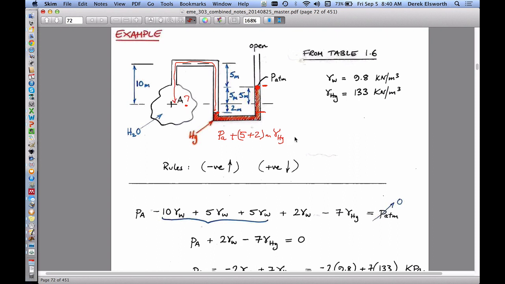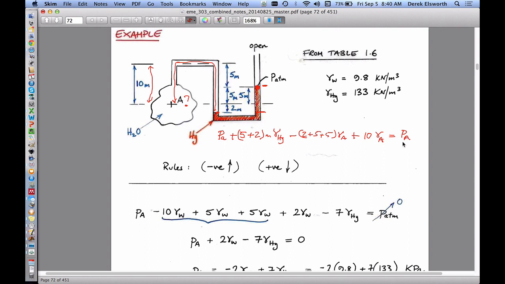I could do that by subtracting off 2 plus 5 plus 5 multiplied by the unit weight A, which gets me here. And then I go down 10, so it's going to be plus 10 times unit weight A, which gives me the pressure at A.